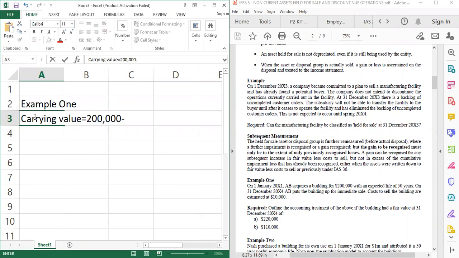What is the useful life? 50 years. 200,000 divided by 50, then times 4. That is the number of years that we have used the asset. So what will be the carrying value?